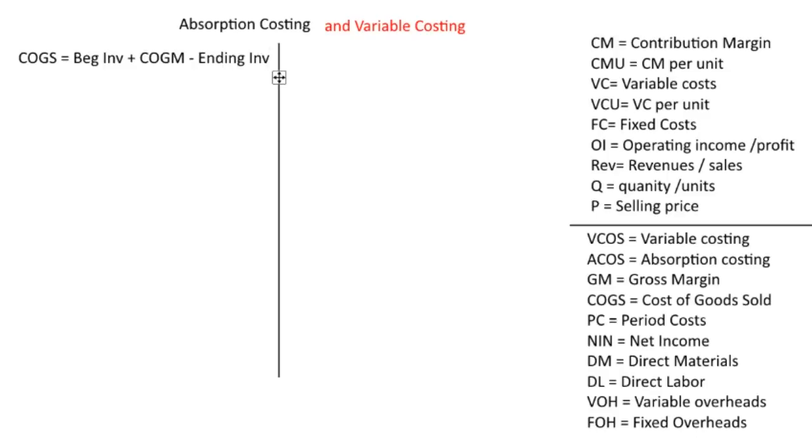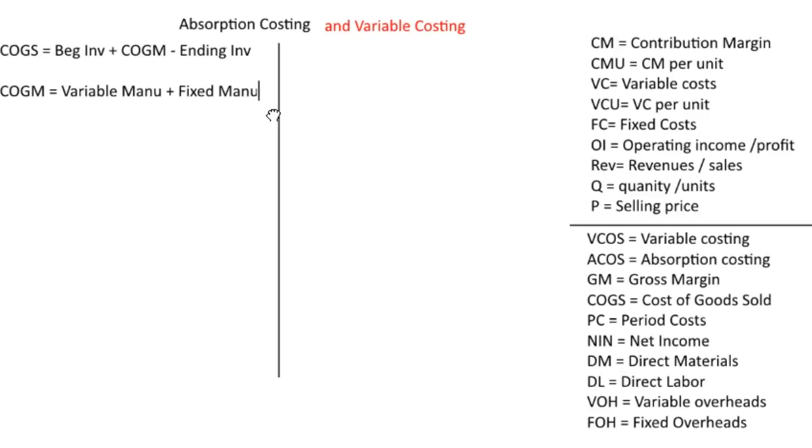So the way to compute this is to find out how we get the cost of goods manufactured, and they're different in the two costing systems. In variable costing, the cost of goods manufactured is equal to your variable manufacturing costs, of course, plus your fixed manufacturing costs.